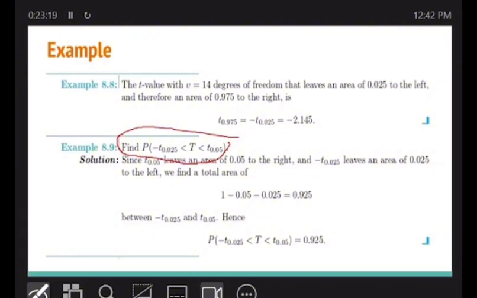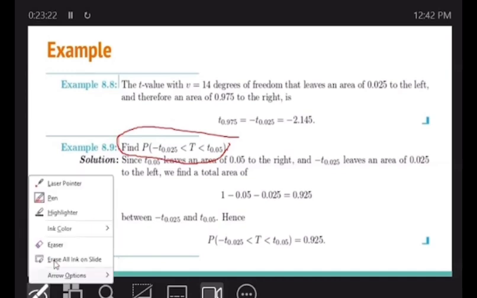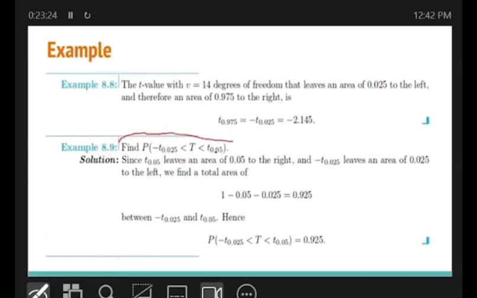Okay, now if I have that, what I'm going to do, like I said, I'm working on this. Now I need you to pay attention and look at this. When it leaves 0.05 to the right, and that, then we're actually going to have 1 minus 0.05 minus 0.025, which is going to be equal to that.